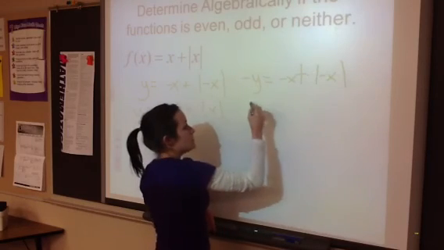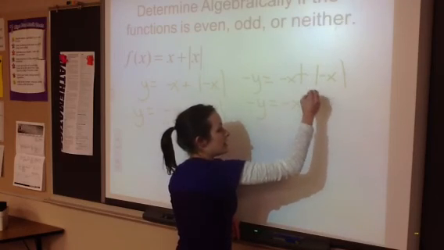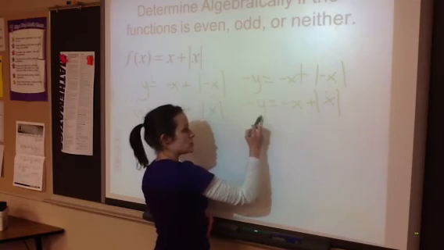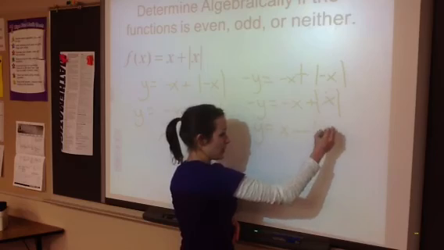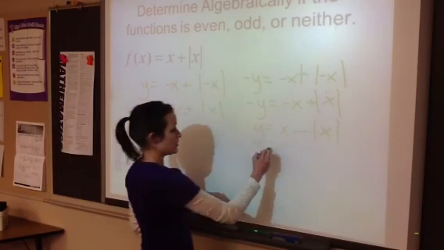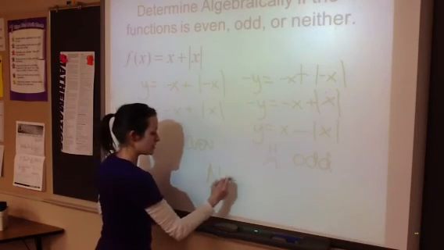Then absolute value does simplify again. Since we have a negative y, we could try and multiply by negative 1. That changes the y to a positive, that x to a positive, and then absolute value out in front to a negative. So that's not the same either, so it's not odd. So that means it is neither.